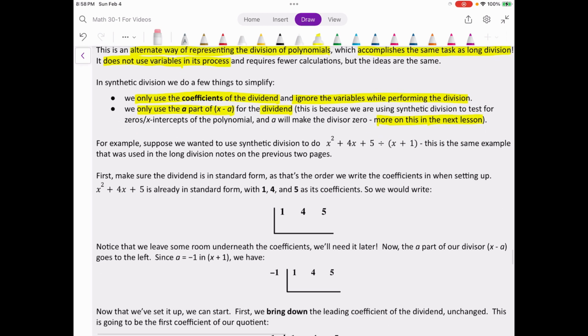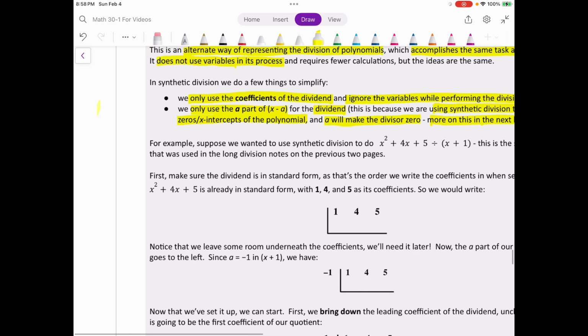And again, we're using synthetic division to eventually test for zeros, x-intercepts of the polynomial. And a is just what's going to make the divisor 0. a is the value of x that would make this 0, right? So if I had, you know, x plus 1, the value of x that would make this 0 is x equaling negative 1, right?